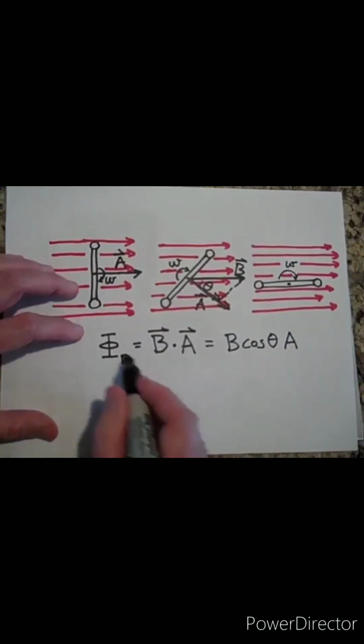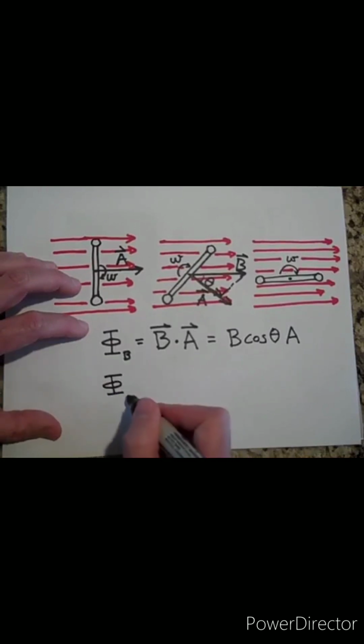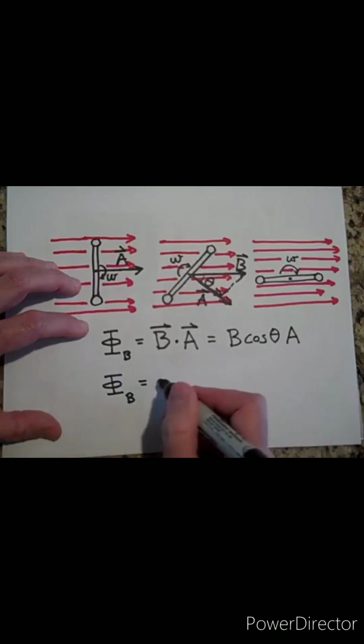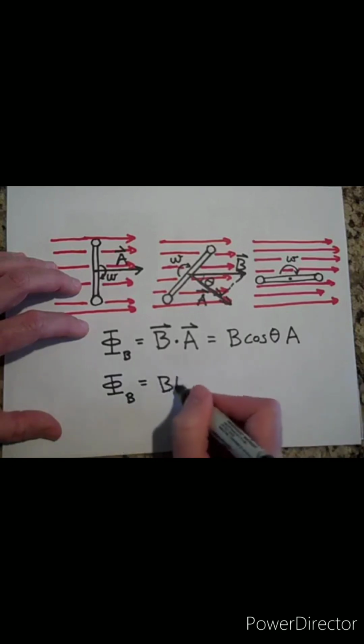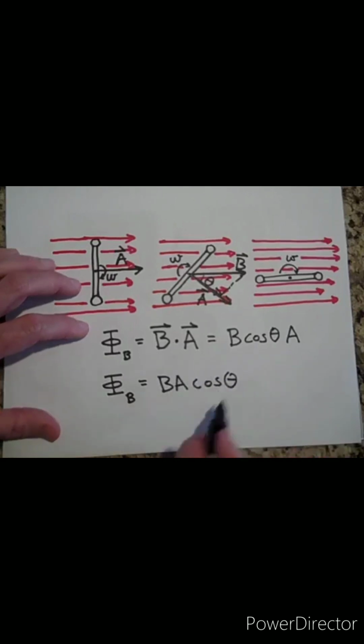Remember that this is a scalar quantity, so the flux is going to be magnetic field B times A times cosine of theta.